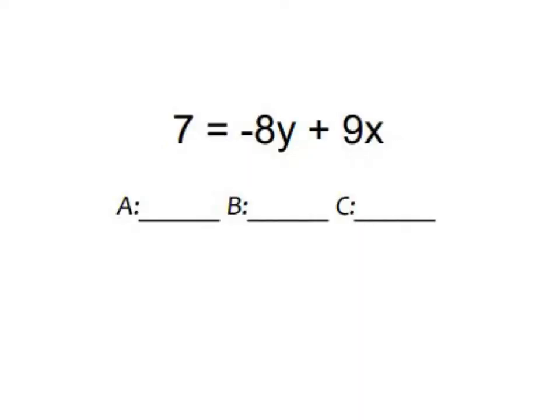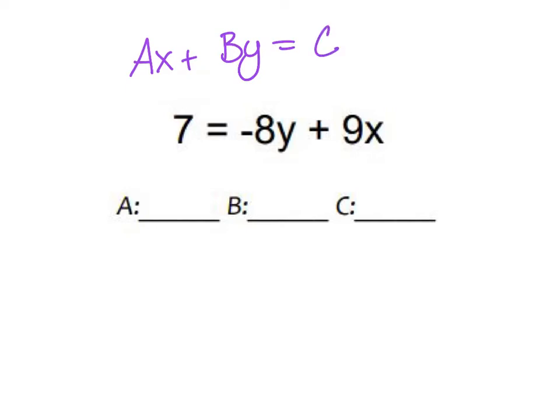So for example, here we have an equation. It's not quite in standard form because we can rearrange it to make it look a little bit better. So I'm going to rewrite this equation. Like I was saying, it's not exactly written in standard form because remember, it needs to be ax plus by equals c.